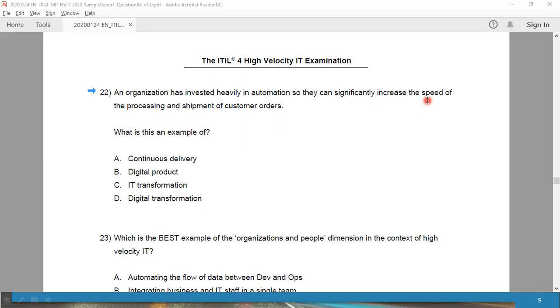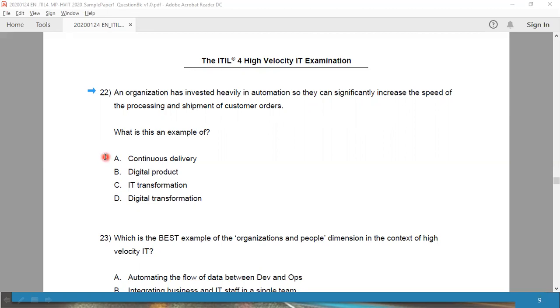Because they want to increase the speed, it is definitely an example of high velocity IT. But it's also mentioning that there is a heavy investment in automation, which seems that they are trying to transform the business to improve the speed for the customer orders in a significant manner. So all the elements are here in this.